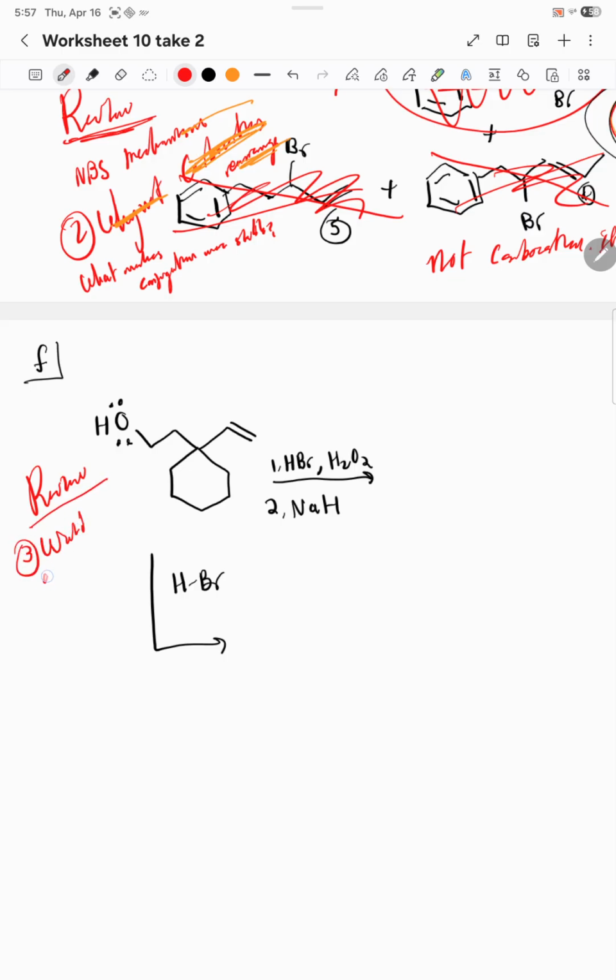Would an alcohol or alkene attached to the same compound act as the nucleophile, and explain with pKa?